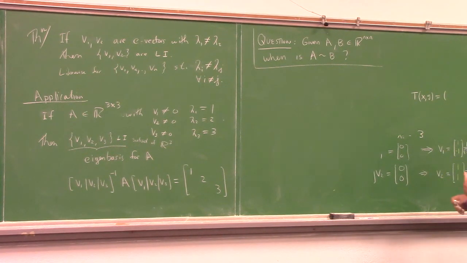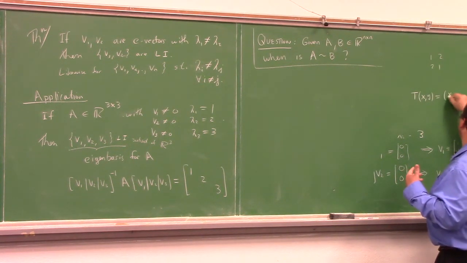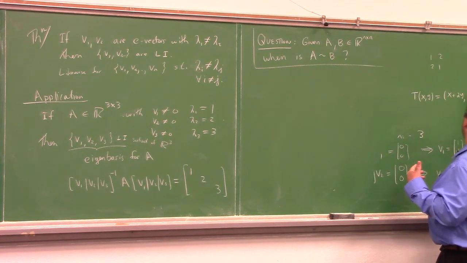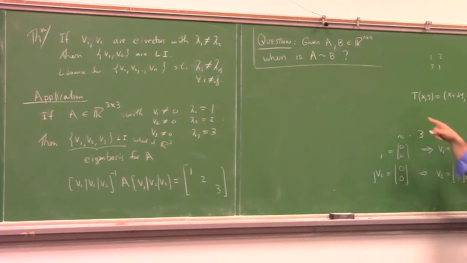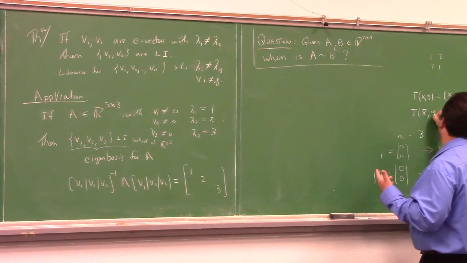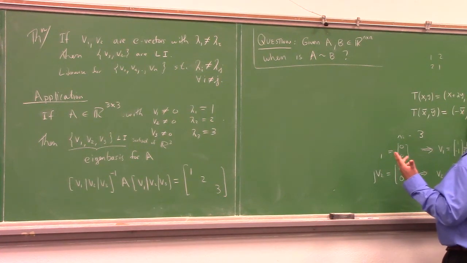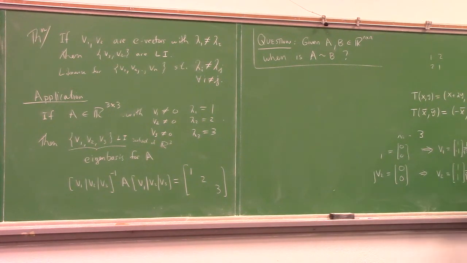It was 1, 2, 2, 1. Okay, so the original formula was x plus 2y, and then 2x plus y, right? That's the original formula for T. What's the formula look like in eigencoordinates? In eigencoordinates, x bar, y bar, the formula is literally minus x bar, comma, minus 3y bar.